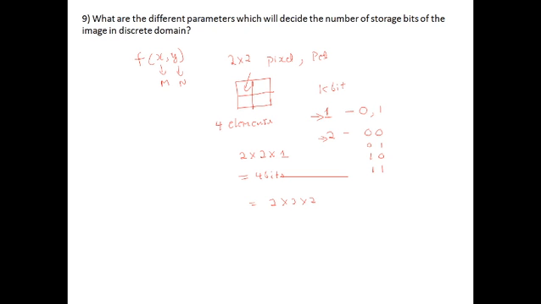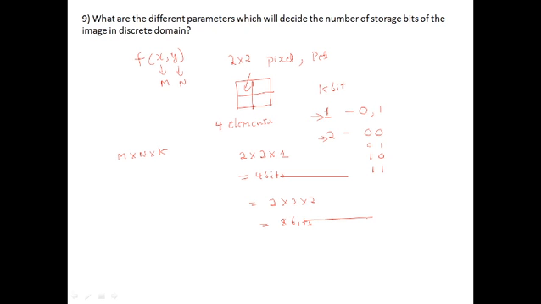So the number of storage bits is nothing but number of rows into number of columns into number of bits used to represent the intensity of the pixel. There is a formula between levels and number of bits: levels equals 2 to the power of k.